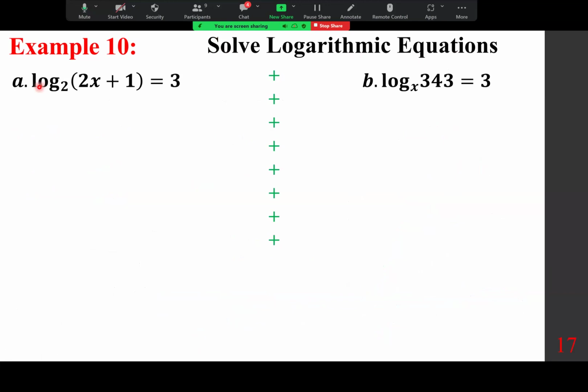Solve logarithmic equations. Example 10, part A, log of 2x plus 1 base 2 is 3. So again, I go with the arrow and I say 2 cubed equals 2x plus 1.